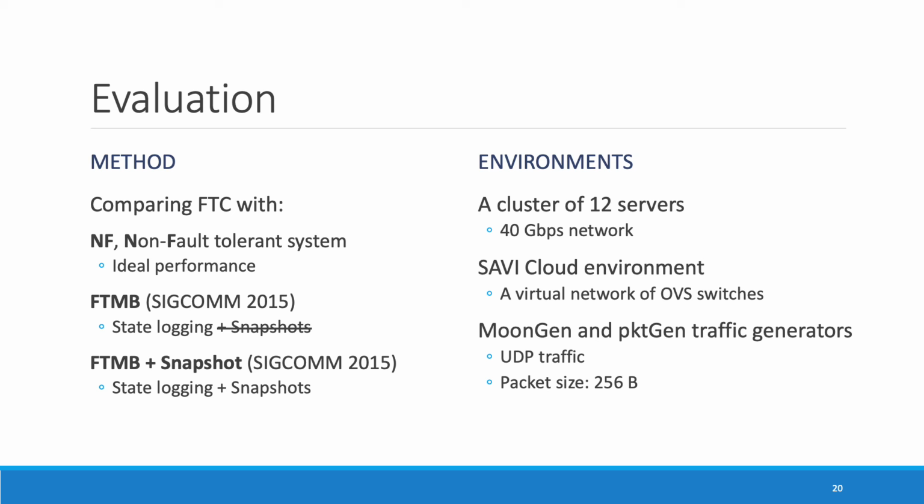The first implementation, labeled as FTMB, only performs state logging. The second implementation, labeled as FTMB plus snapshot, performs both state logging and snapshots. We use two evaluation environments. Their details, alongside other experimental setup details, are listed on the right side.